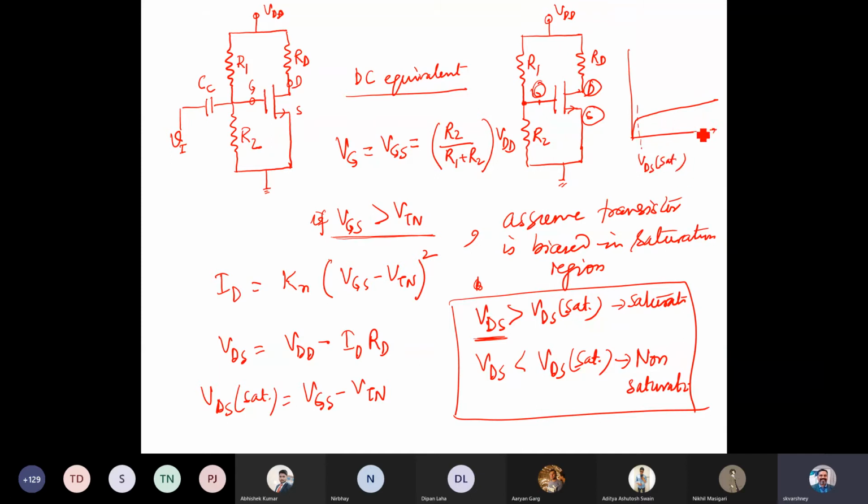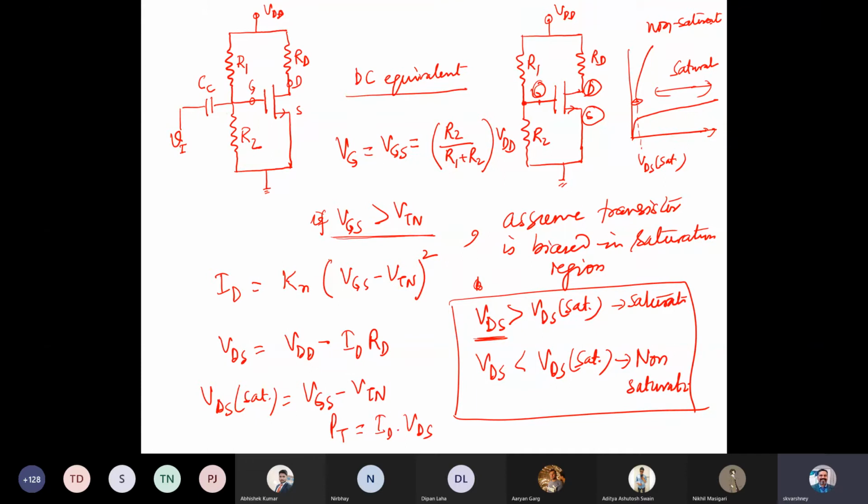For the values here, it is in saturation, and here it is non-saturation. One can also estimate the power dissipated in the transistor, which would be the current flowing, ID, times the drain to source voltage VDS.